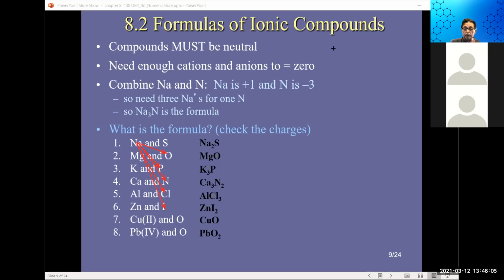You can do the same with the magnesium with the sulfide, magnesium with a phosphide, magnesium with the nitride, magnesium with the chloride, etc., okay?